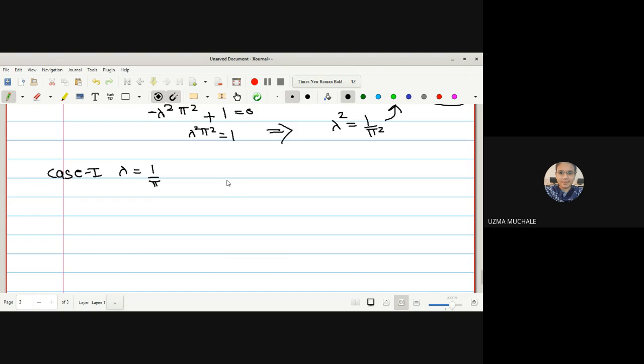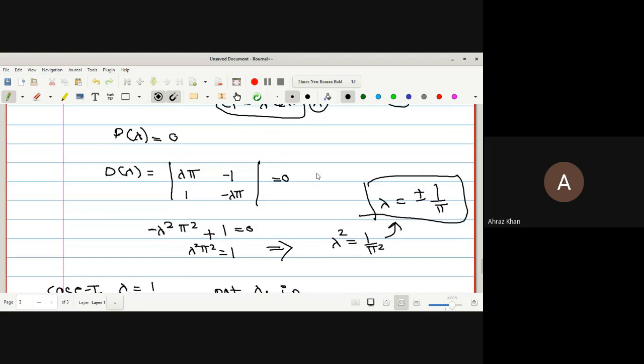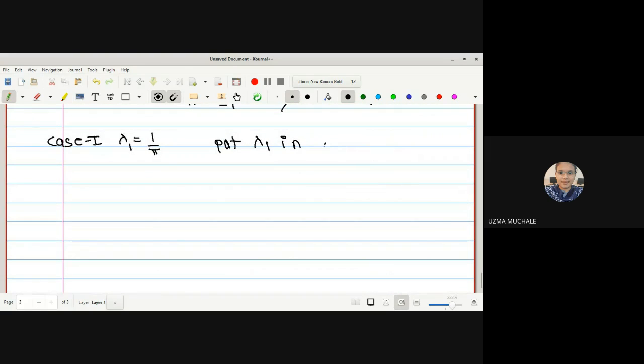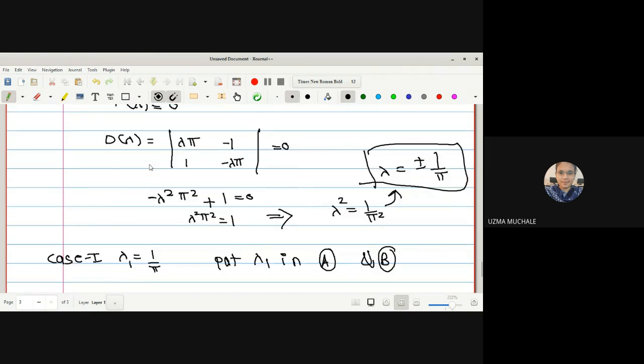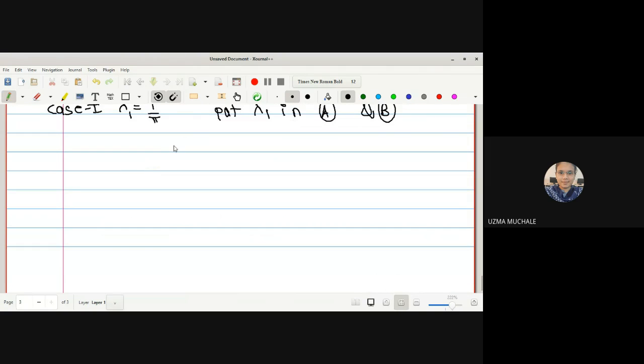Okay. So right here put lambda 1 in the equations. What are those equations we have obtained? A and B. Okay, put the value of lambda in equations A and B. What is our equation A? C1 minus lambda C2 pi is equal to 0.